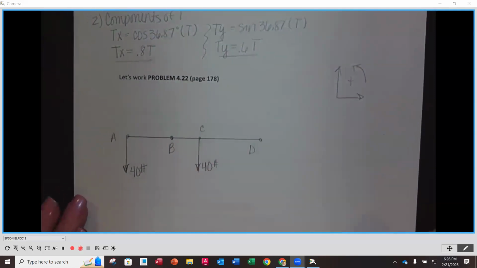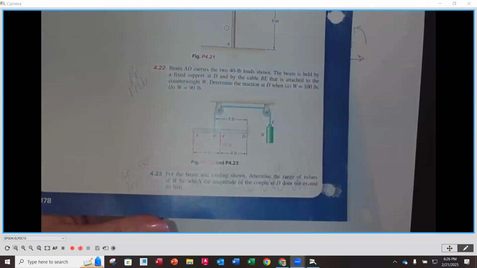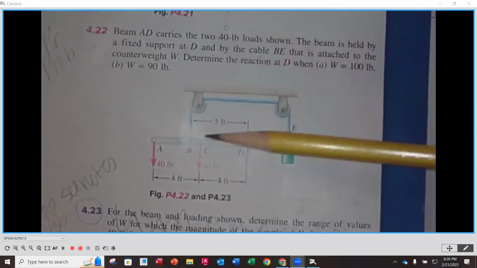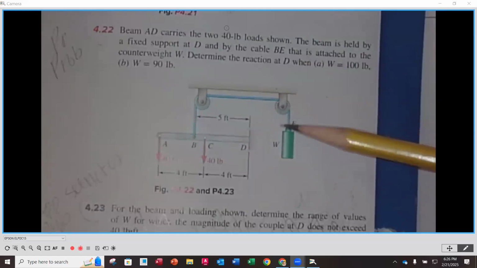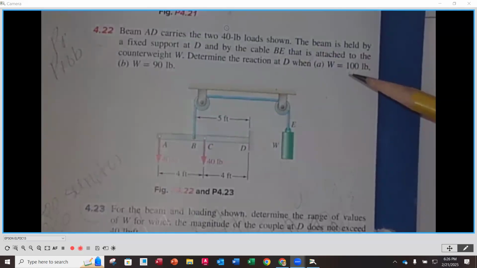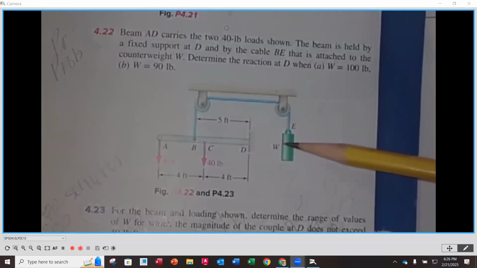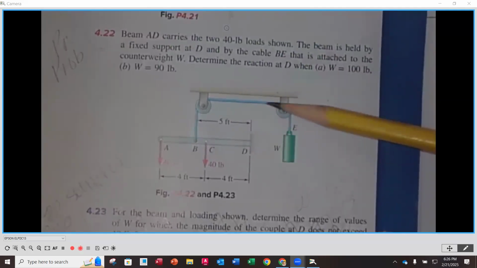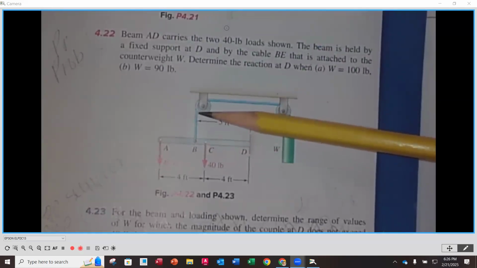The first support we're going to look at is B. B is the one that is attached to this cable that goes all the way over those pulleys, and there's a counterweight. It tells us that the counterweight is 100 pounds. So that means there's 100 pounds going down here, but that translates all the way along this cable. So what we have here is we have 100 pounds actually pulling up.